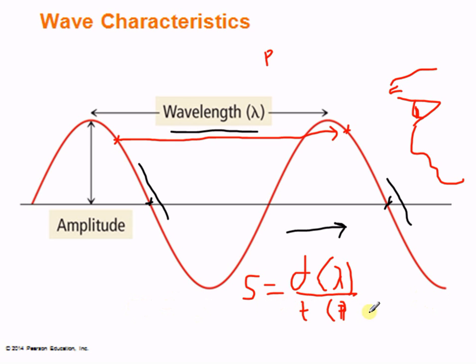Now you can see here how frequency, for which we are going to be using the letter nu, and in some books we use the letter f for frequency, is going to be the inverse of the period. So for instance, if the wavelength takes 1 second to go across, that means that you have 1 cycle per second, right?